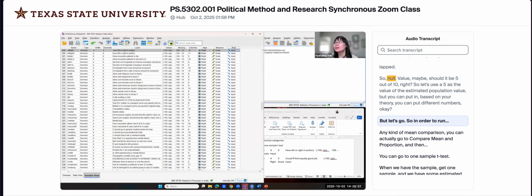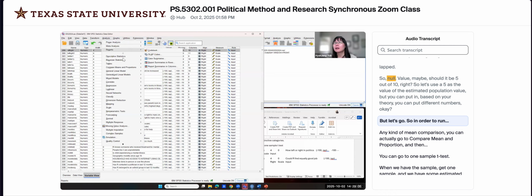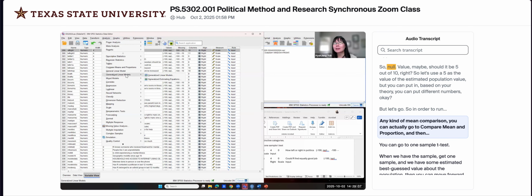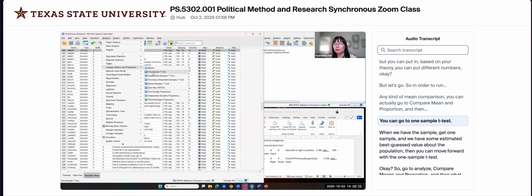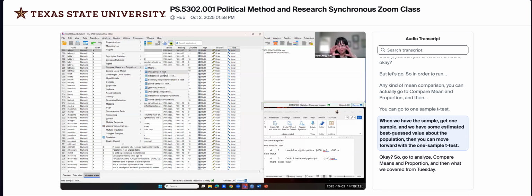But let's go. In order to run any kind of mean comparison, you can go to compare means and proportion, and then you can go to one sample t-test. When we have one sample and some estimated best guess value about the population, then you can move forward with the one sample t-test.